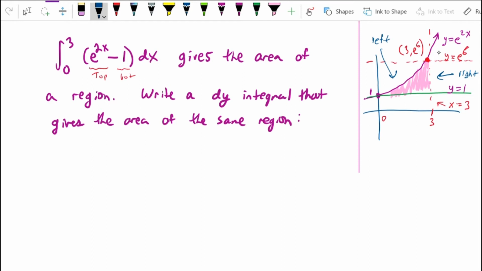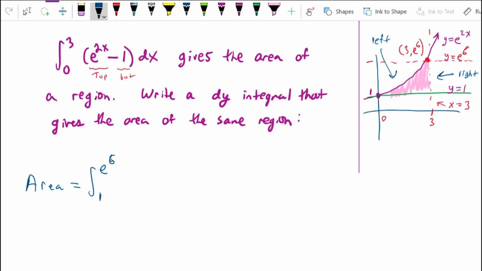But let's just start to write out the integral. So we can see that the area, since we're writing this in the y direction, the lowest possible y value is given by this green horizontal line, and that's y equals 1. And the highest possible y value is given by the red horizontal dotted line, which is y equals e to the sixth. So we're integrating from 1 up to e to the sixth.